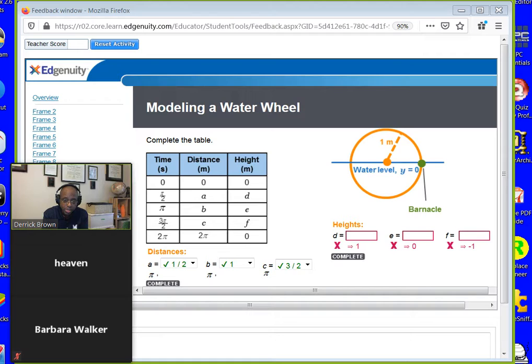Let's keep going. By the time you get here, that's 270 degrees or 3 pi over 2 radians. And then when we get back to the green point, that's 2 pi radians or 360 degrees. That's going all around the unit circle.